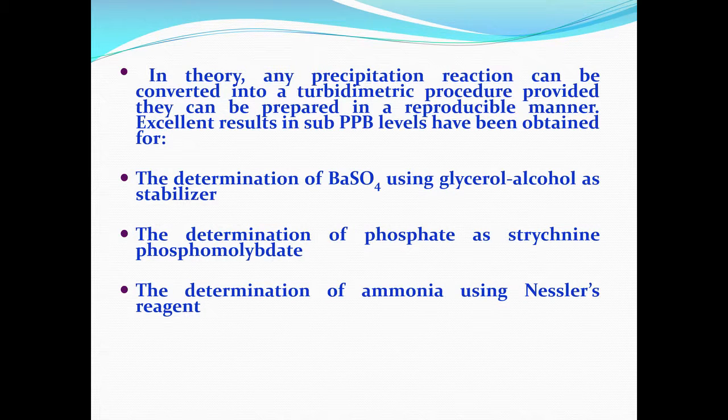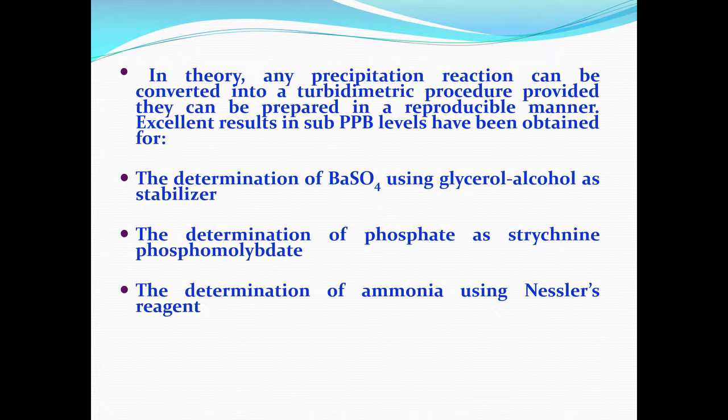That is the range in which we will be working. Most of the stabilizers are 1% solutions. We need about 0.5 ml or 1 ml in a sample of about 10 ml, 25 ml, 50 ml like that to keep the precipitates in suspension.